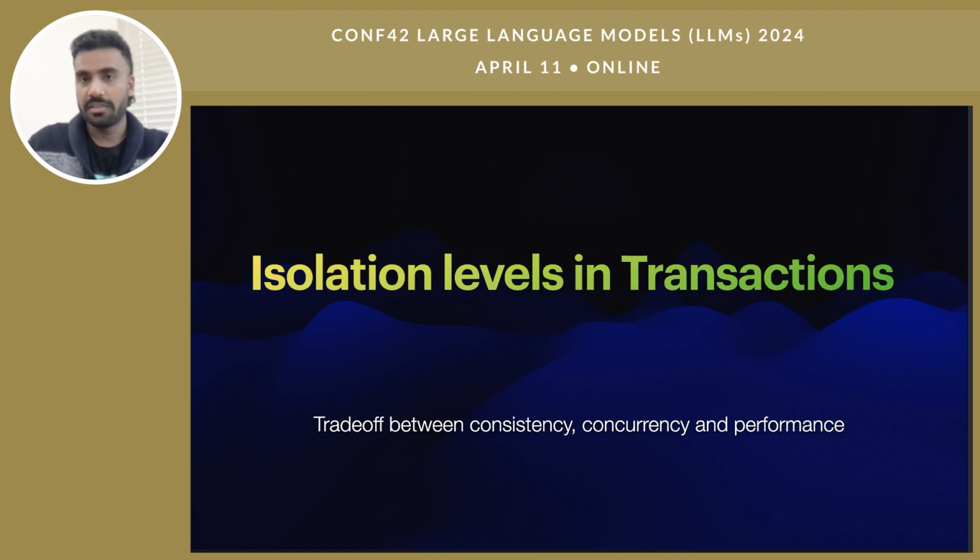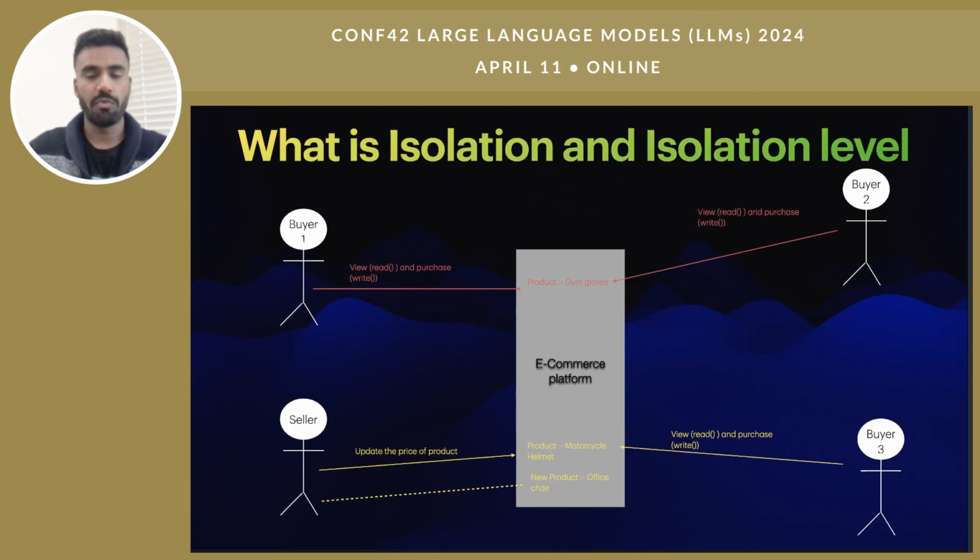These properties are fundamental principles of database management systems that ensure the reliability, integrity, and correctness of transactions. Now let's talk about isolation, what these isolation levels are, and why they are needed in a distributed systems environment.